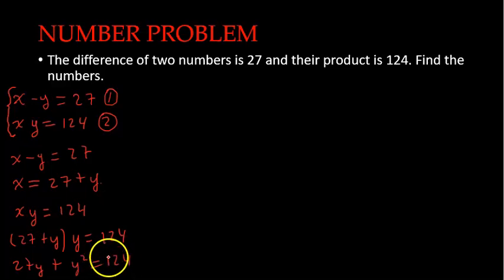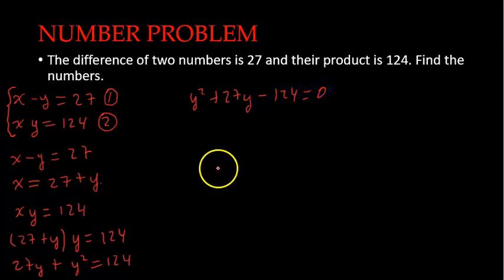Now I'm going to set the equation equal to 0 and order the polynomial. y to the second power plus 27y minus 124 equals 0. Now we need to find two numbers whose product is negative 124 and whose sum is 27.